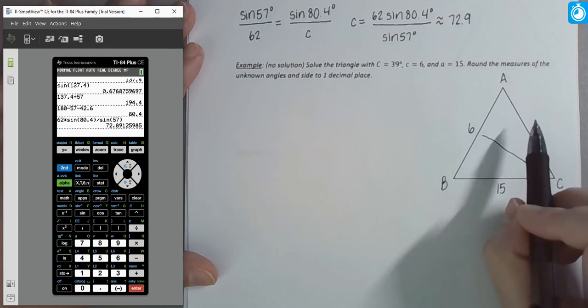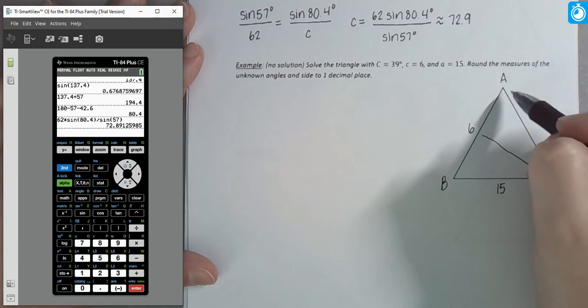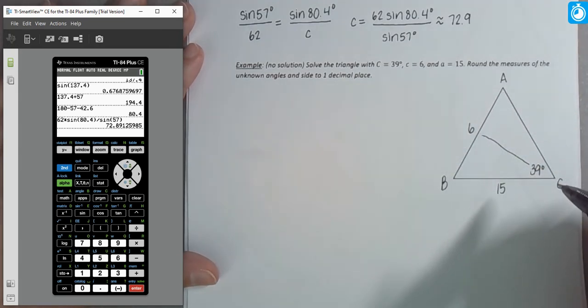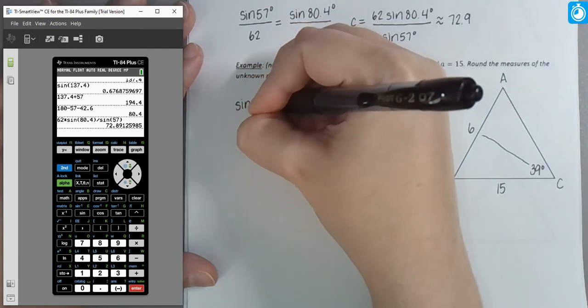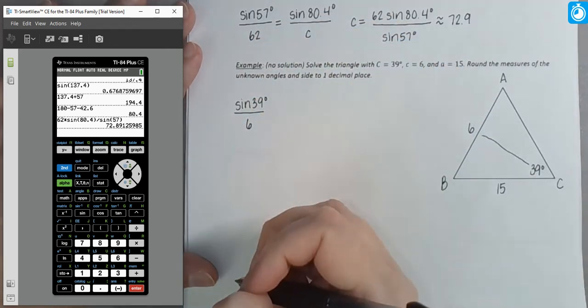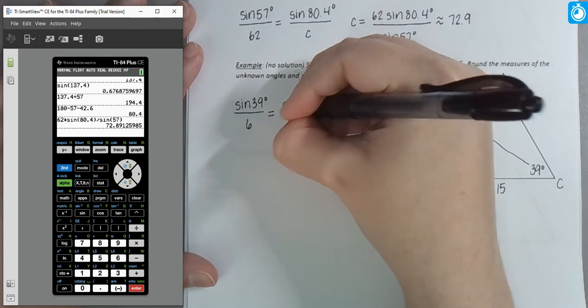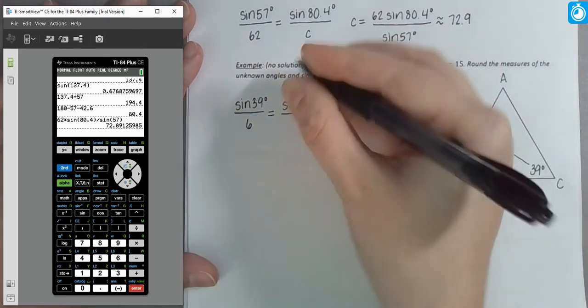We don't know anything about either of the B's, which means the only thing we're capable of solving for in this moment is going to be angle A, since we have its opposite side. So writing our ratio, sine of 39 degrees, the given angle, divided by the opposite side, so that's going to be our constant pair. That's going to be equal to the sine of unknown angle A divided by side length A, which is 15.